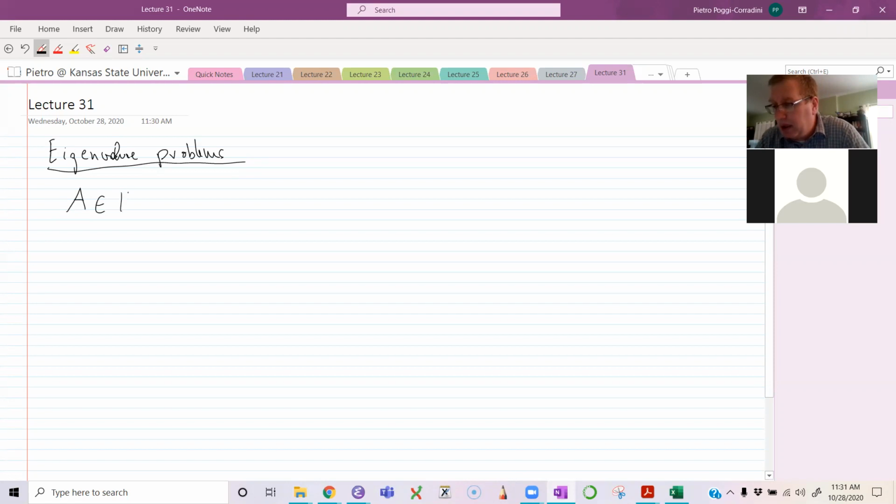So we're going to assume now that A is n by n, and then we want to solve Au = lambda u for lambda real or complex and u. That's the eigenvalue problem in general.